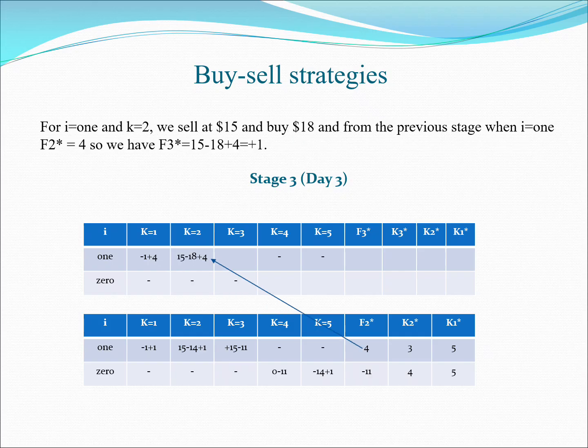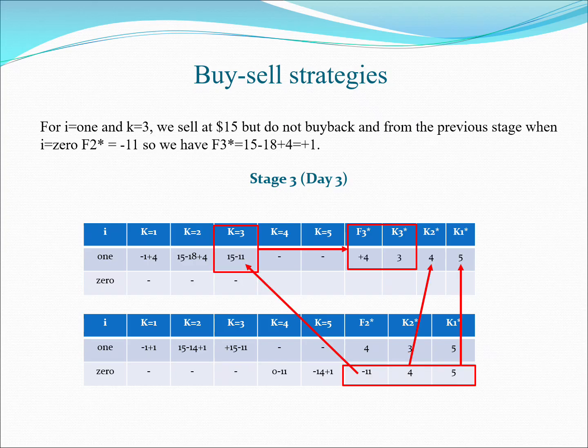For I equals 1 and k equals 2, we sell at $15 and buy $18. And from the previous stage, when I equals 1, f2 star equals 4. So we have f3 star equals 15 minus 18 plus 4 equals plus 1.